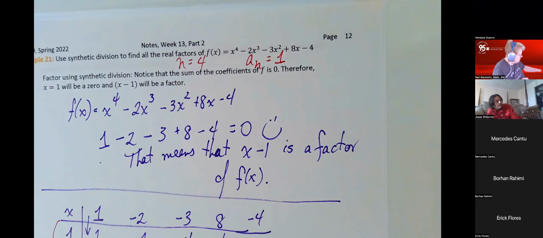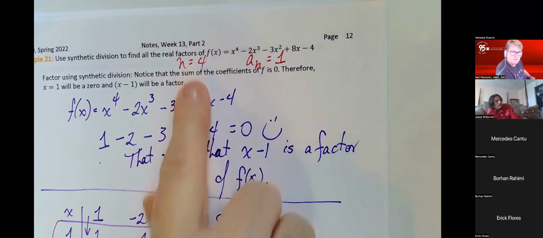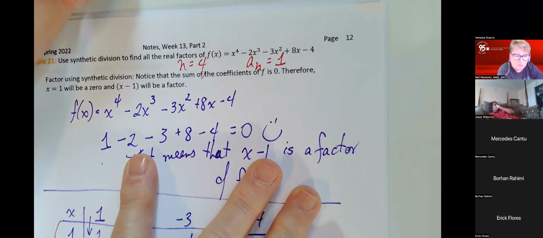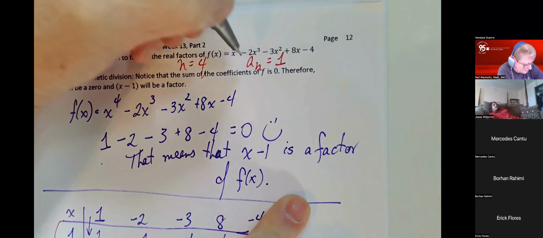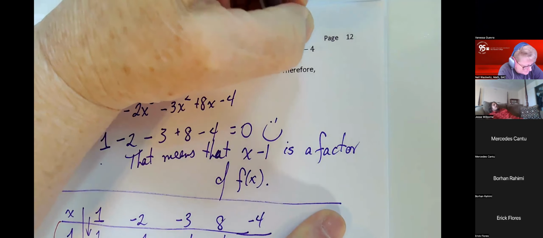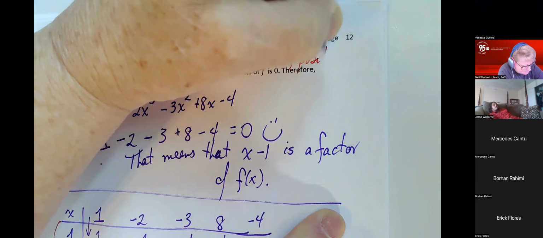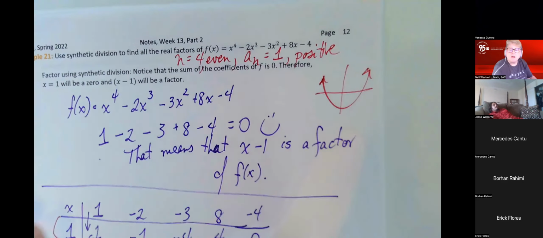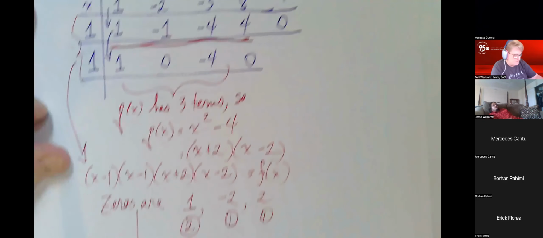And what do we care about with n? Even or odd, so that one would be even. And with a sub n? Positive or negative, that would be positive. So that goes up to the left and up to the right.